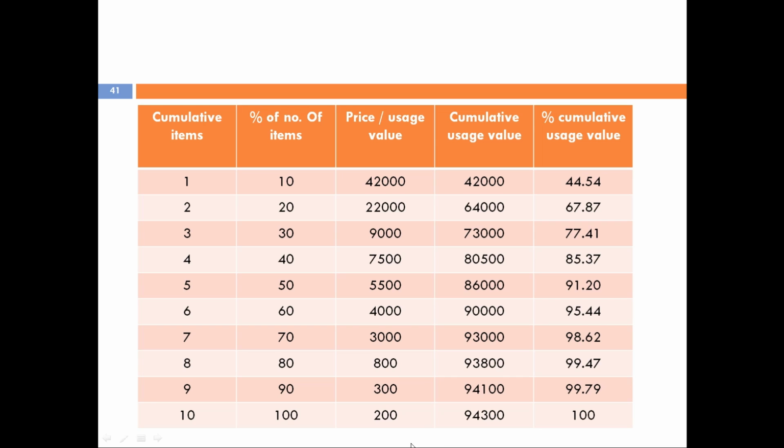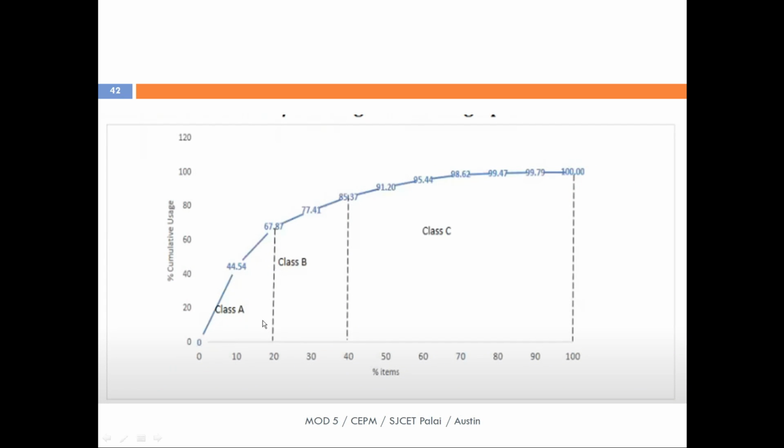So these are the steps mainly involved in the ABC analysis. From that, we can plot a graph with percentage of cumulative items on the x-axis and percentage of cumulative usage value or price value on the y-axis. Plotting those cumulative percentages 0, 44.54, 67.87, up to 100 percent, we will have this graph.